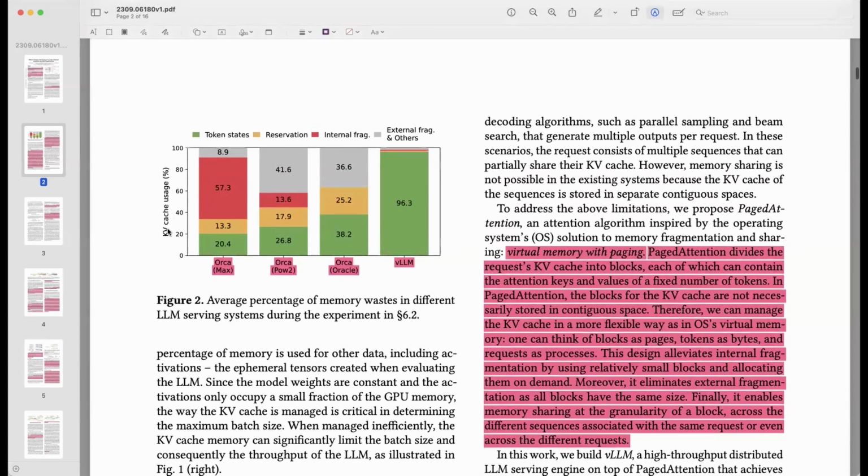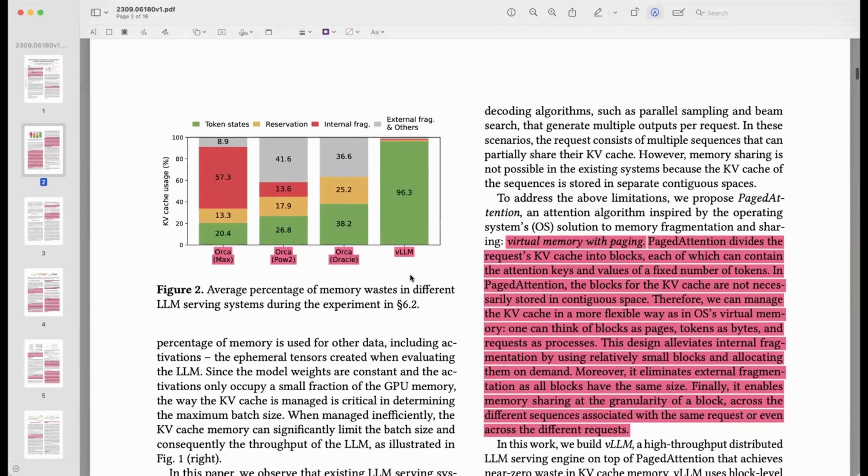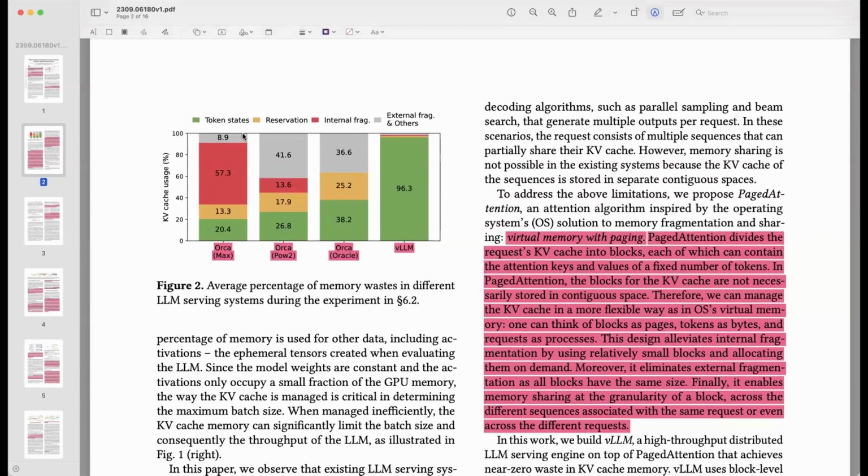The y-axis is KV cache usage, and the x-axis is all the systems. They divide the memory usage into four categories. The token states are the pre-fill tokens.